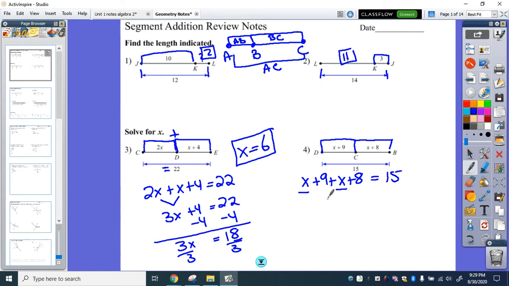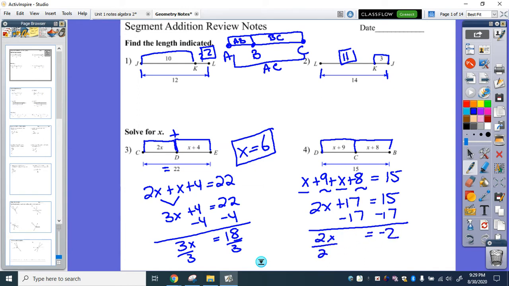Adding up like terms, x plus x would be 2x. 9 plus 8 would give us 17 equals 15. Bring that down. Minus the 17 on both sides. So we get 2x equals negative 2. Divide both sides by negative 2, and we are left that x equals negative 1.